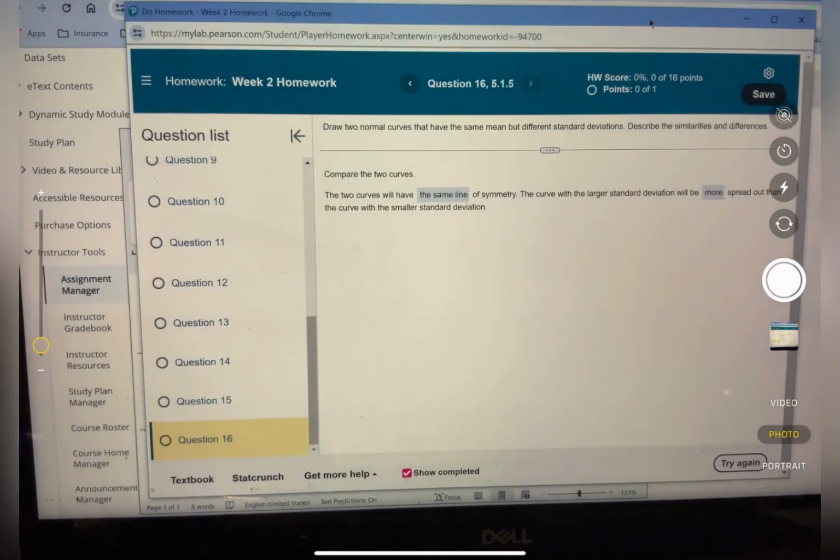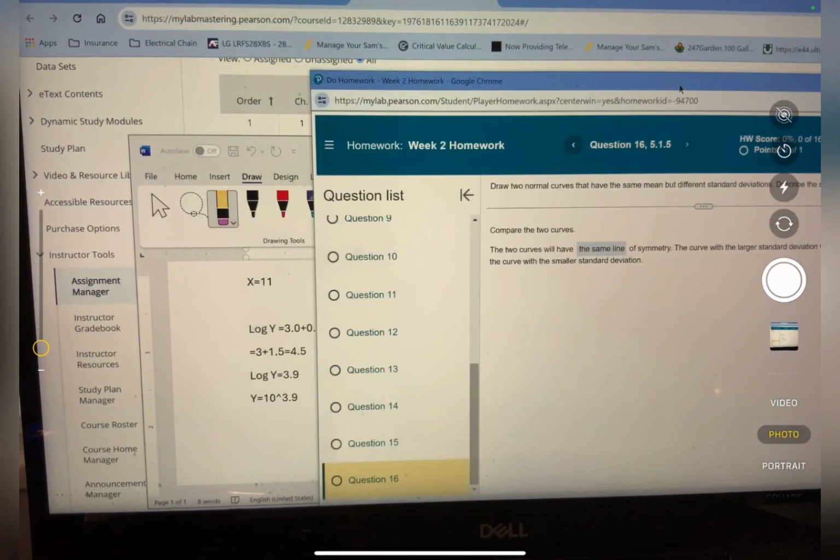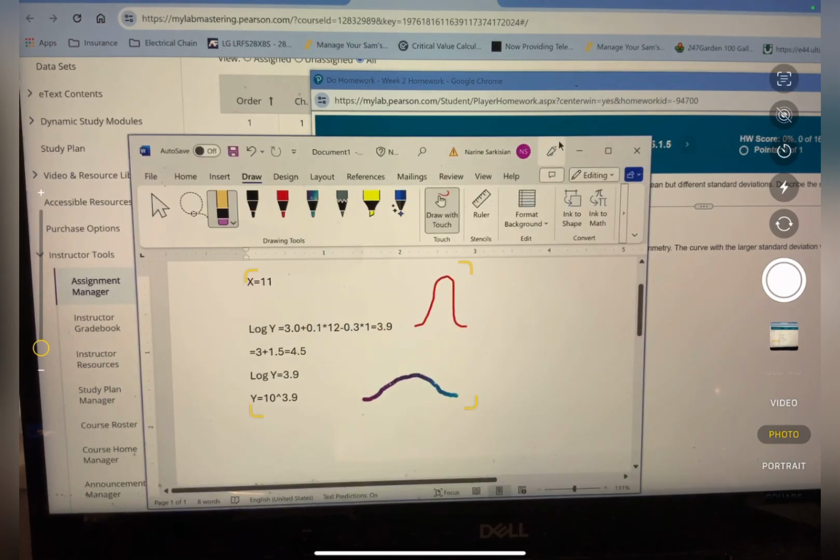Okay. Draw two normal curves that have the same mean but different standard deviations and describe the similarities and differences. Okay, I have prepared already. I have drawn the same mean here.